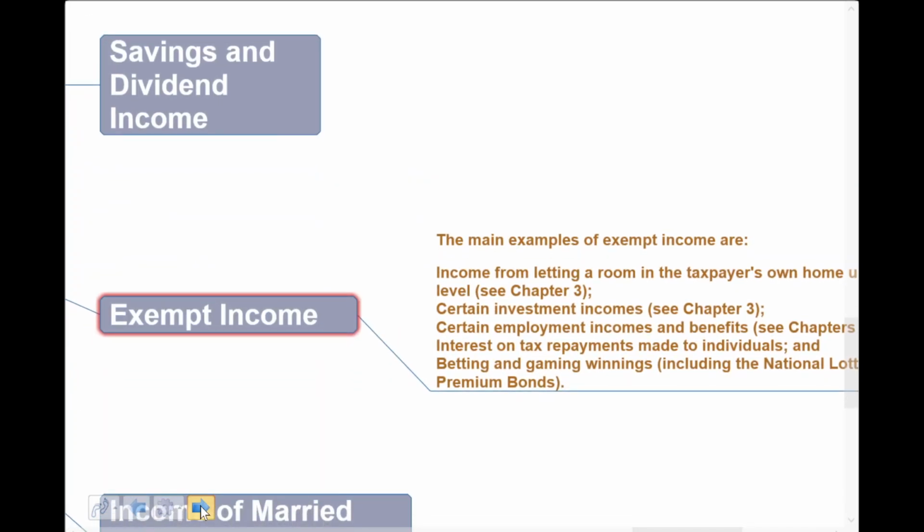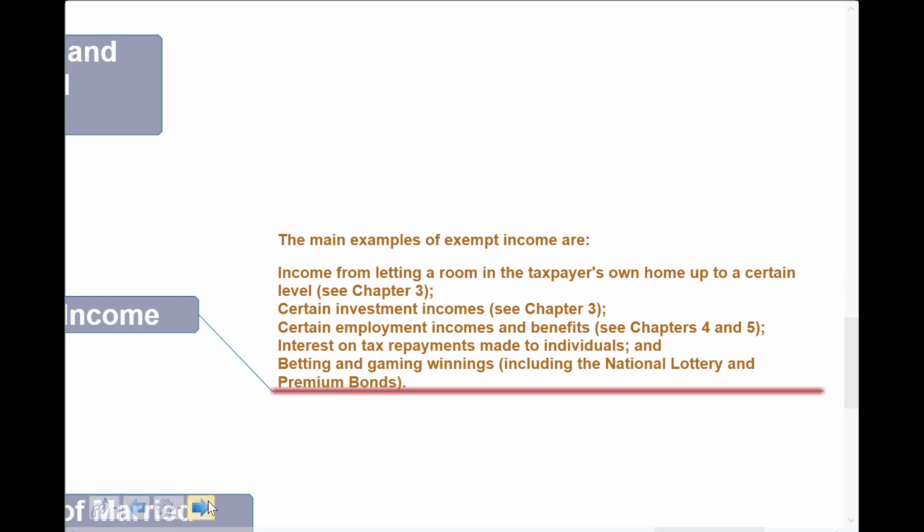Okay, exempt income. Now, exempt income, the examiner is very, very likely to include some. Let's say that it's a meaty, big, comprehensive income tax computation in section C. Highly likely to include some exempt income. What does that mean? Well, it's basically exempt. It's not taxable.